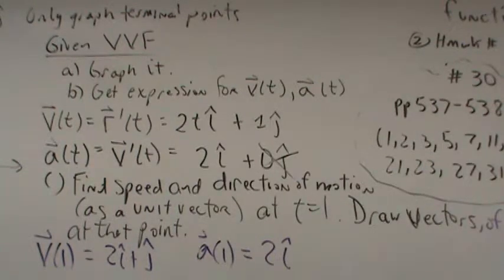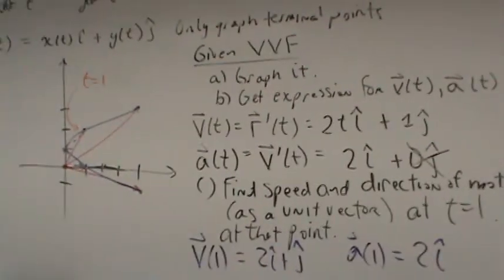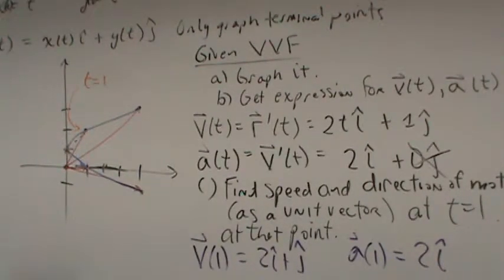So here's what I'm getting at. At t equal 1, I'm at 1 comma 2. I'm at this point, t equal 1. I can draw the velocity vector and the acceleration vector right at that point.